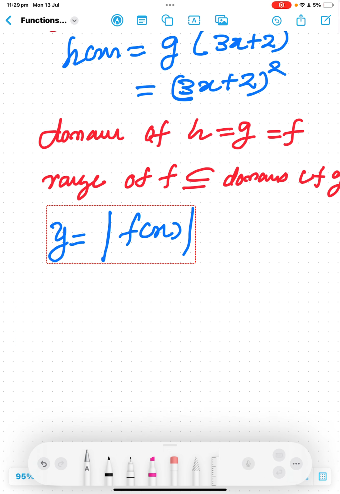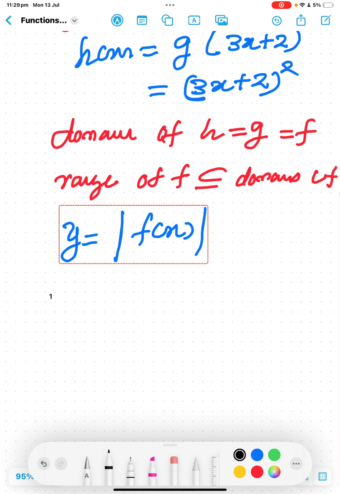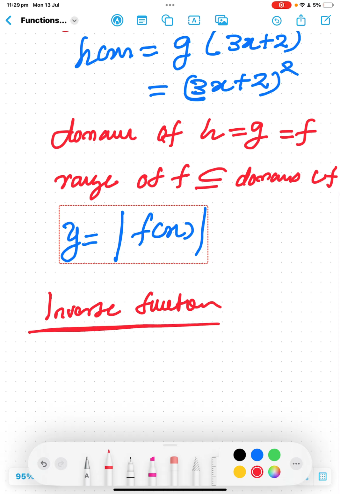And finally we talk about the inverse function. For a function to have an inverse function, it has to be a one-to-one function. Only one-to-one.